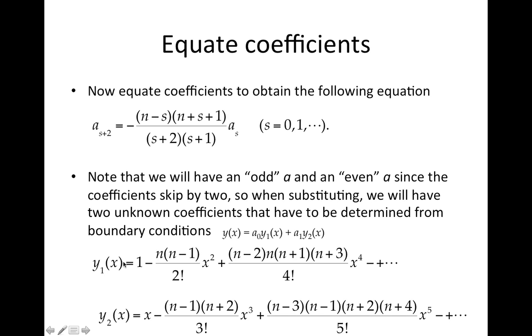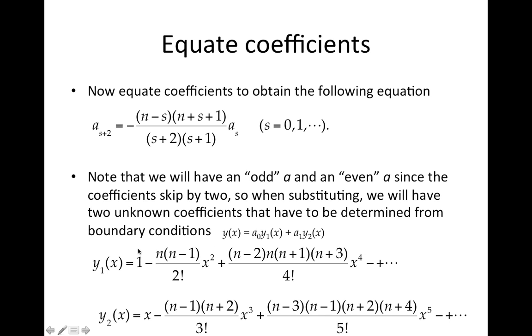And so that's going to give you a sum with even powers and a sum with odd powers. If you let y1 be the expression that has even powers, then you'll have something that'll look like this, where your general solution has this coefficient a sub 0.